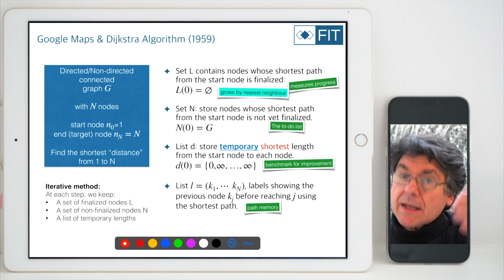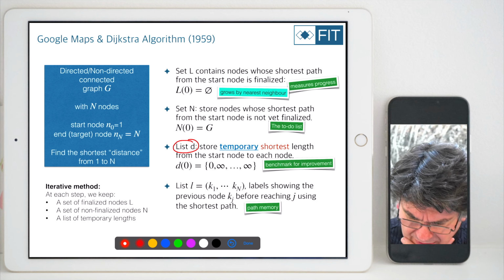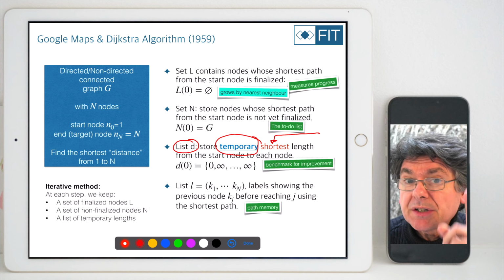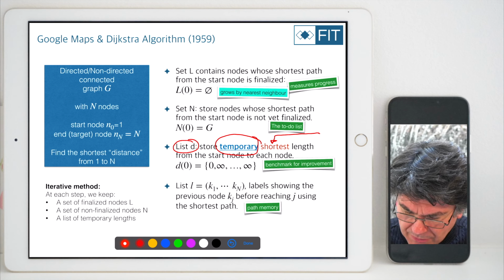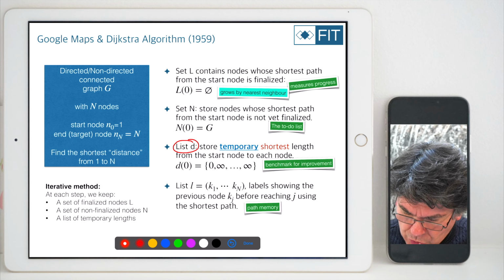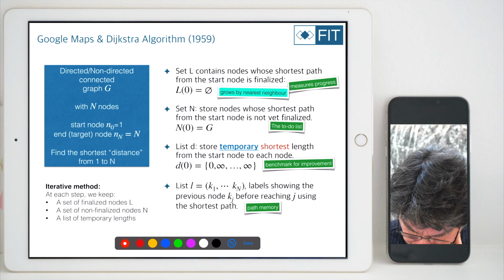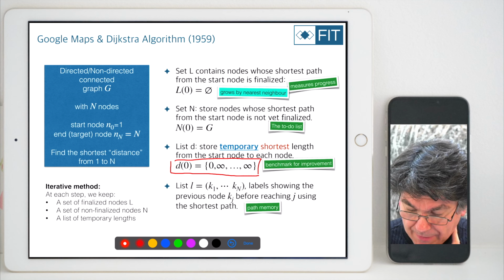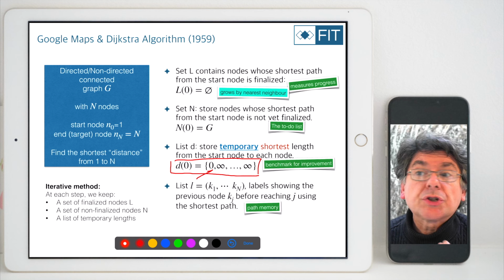As we go ahead in this iteration process, we're going to store a list that contains the shortest paths, which are temporary only for that step. The shortest temporary path from the start node to each of the nodes in the entire graph. At the beginning, it will look something like this. The node where we start, we know the shortest distance is 0.